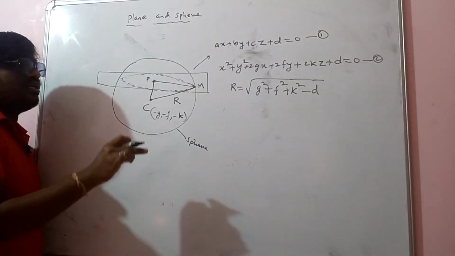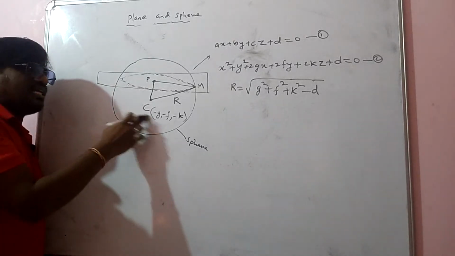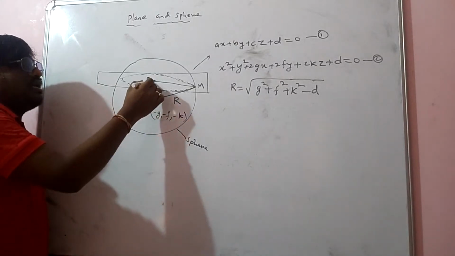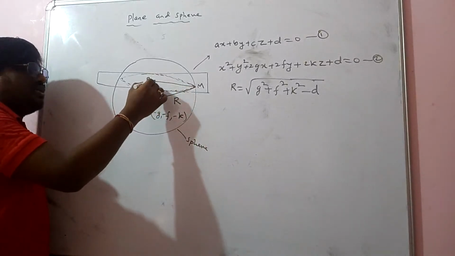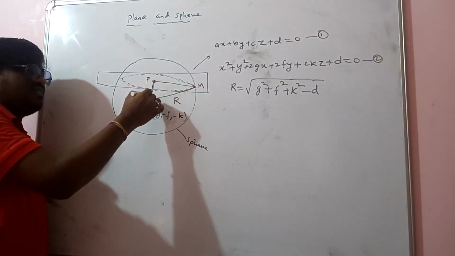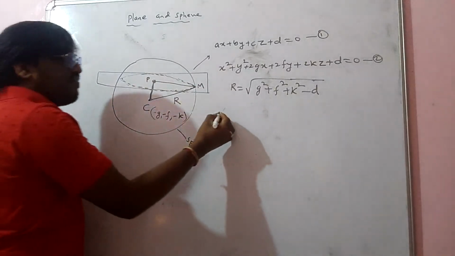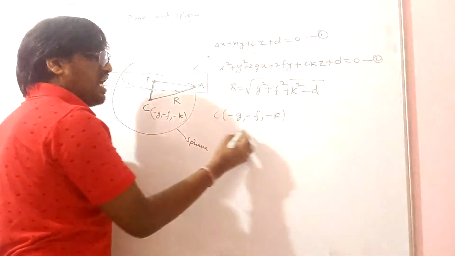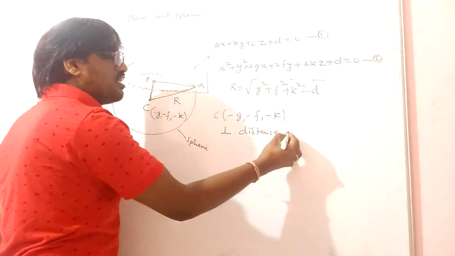If you want to find it, what are the things you have with you? That is important. The center is with you. If you have a center, you can drop a perpendicular and find the foot of the perpendicular on this plane. You can find this distance. This is the perpendicular distance from C, minus g comma minus f comma minus k, to the plane.